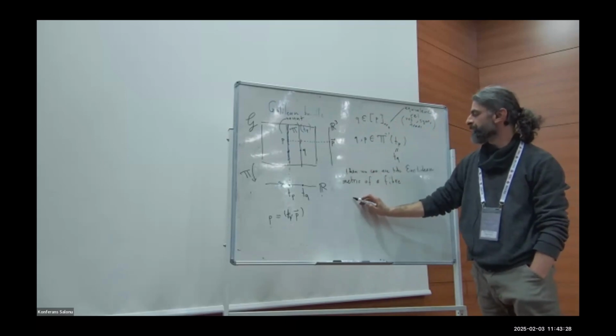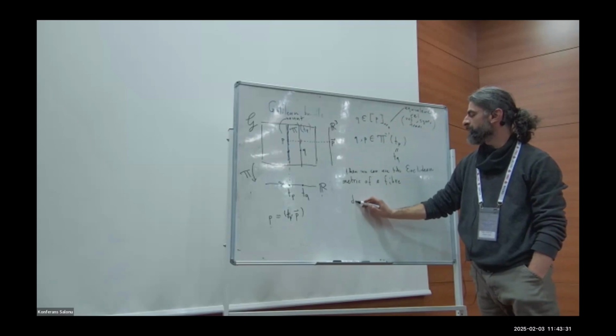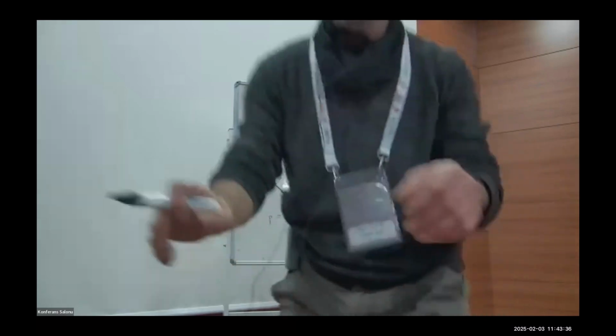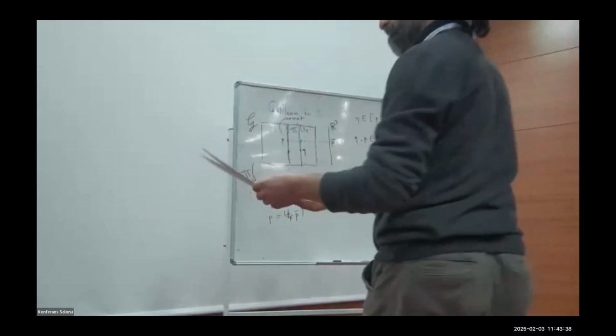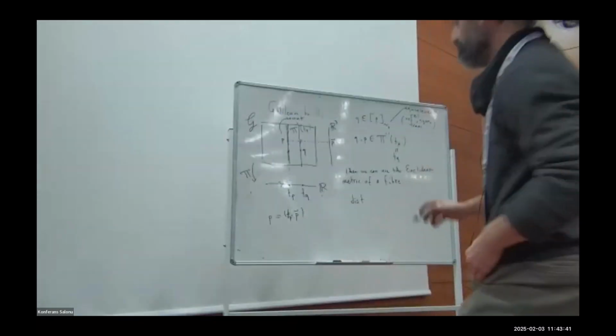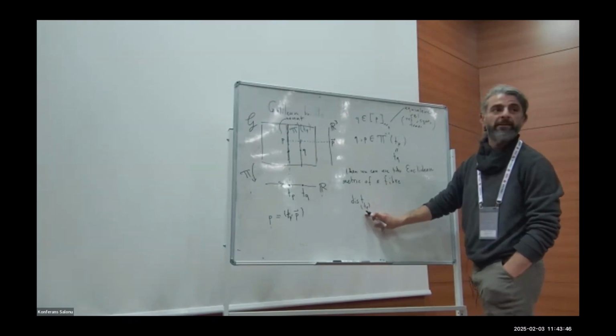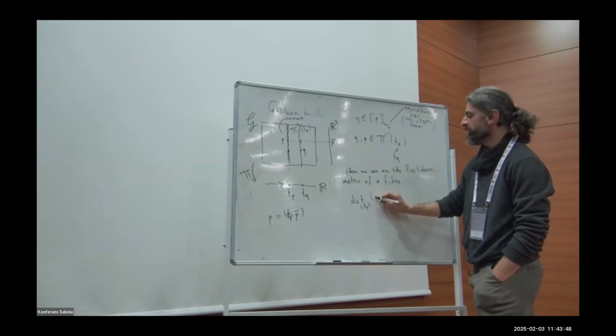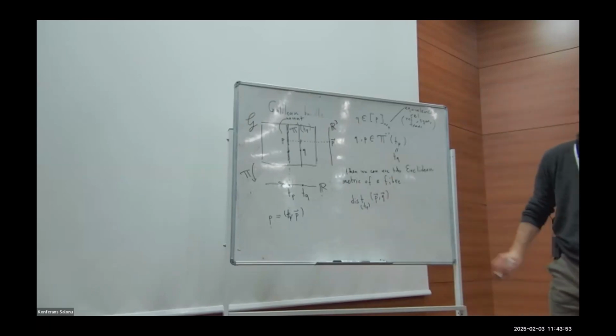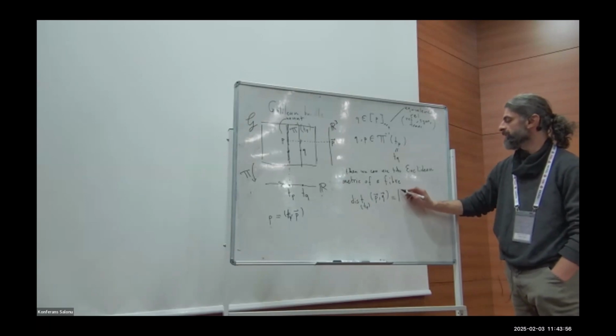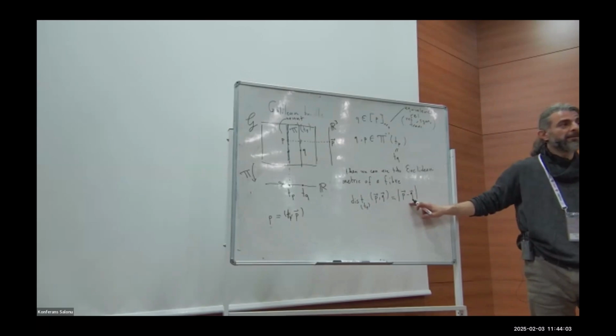This means that the distance at the fiber labeled by time TP, the spatial part of the events, is given by the norm of this vector.